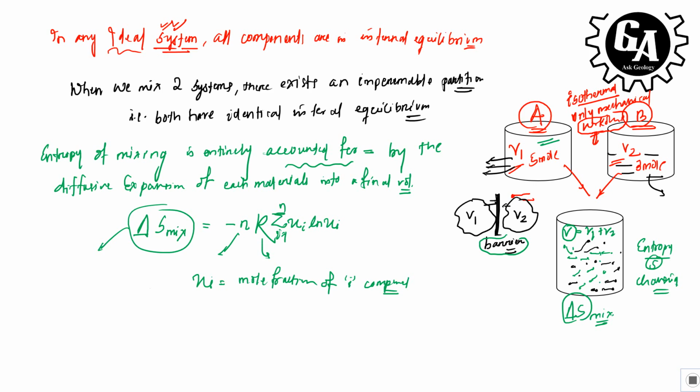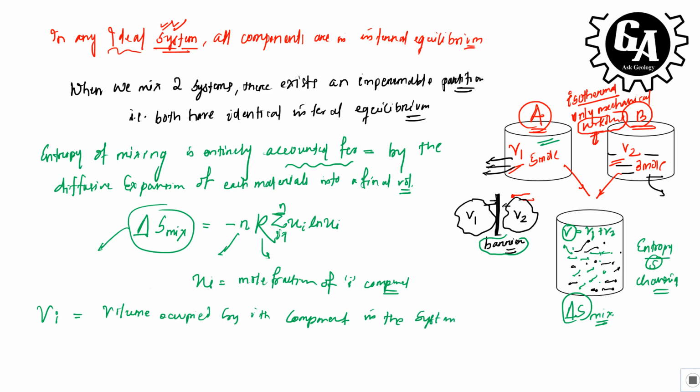So if we consider Vi, this is the volume of the ith component, the volume occupied by the ith component in the system.